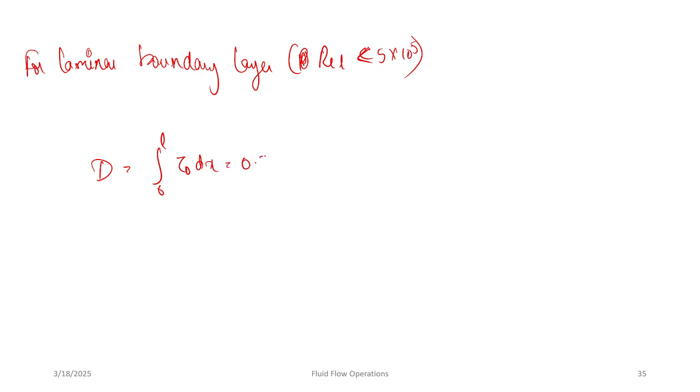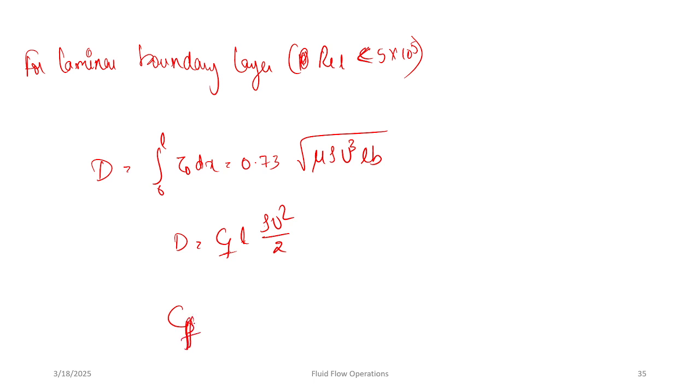So that will be 0.73 into square root of mu into rho into U cube into L into b. Okay, and therefore the friction drag coefficient CF will be equal to 1.46 by square root of RE L.